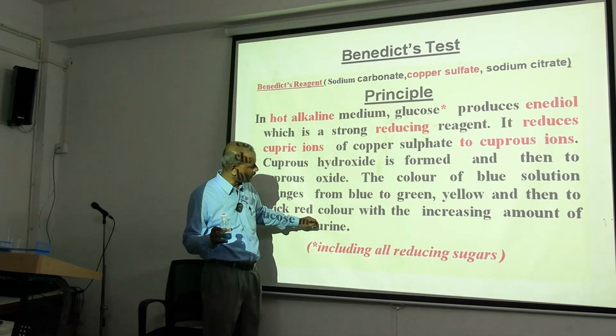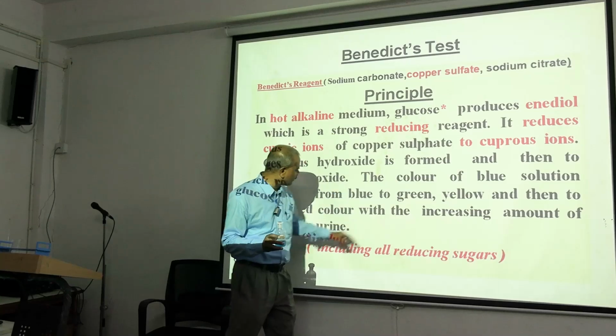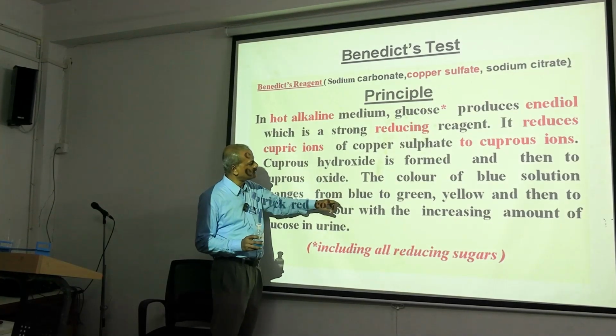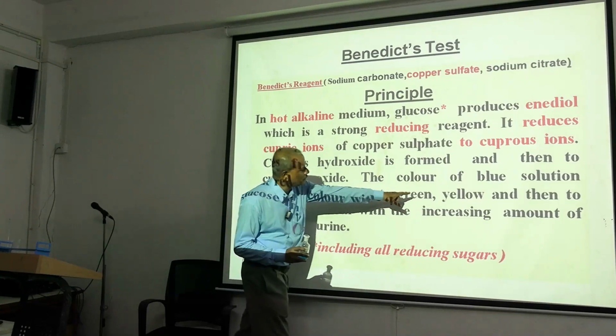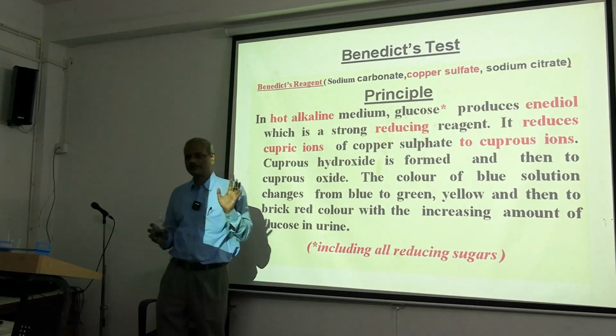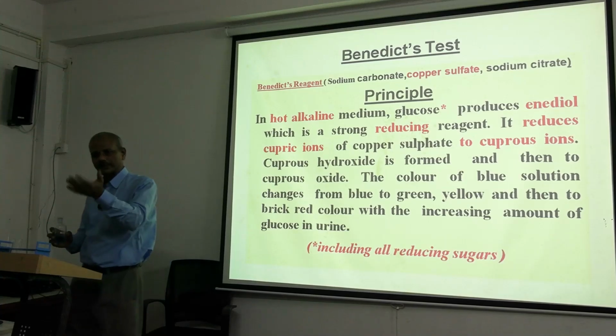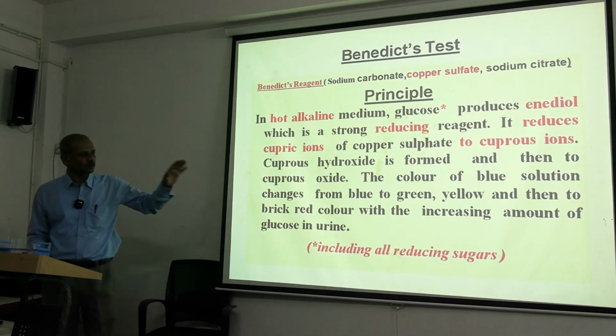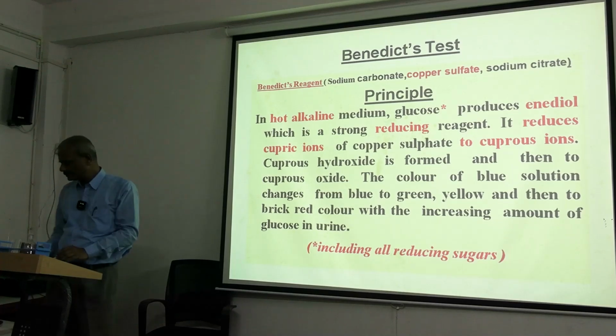Why I have written with the increasing amount of glucose in urine: if you increase it, the color will change from green to yellow, then to brick red. Or you can write this in your own way. Basically, it will depend on the concentration of reducing sugar.